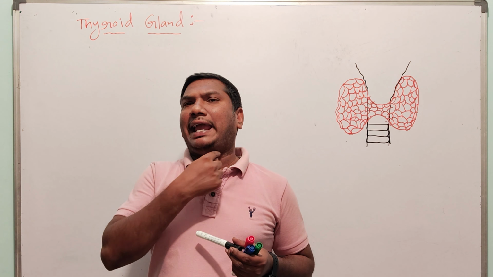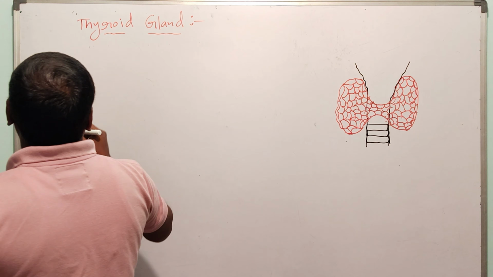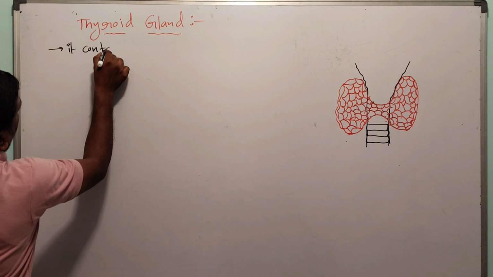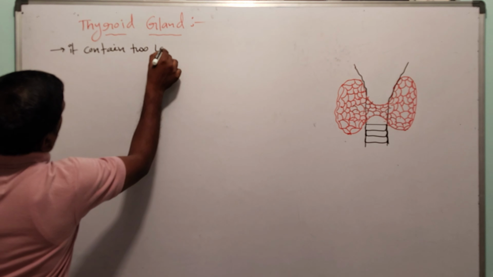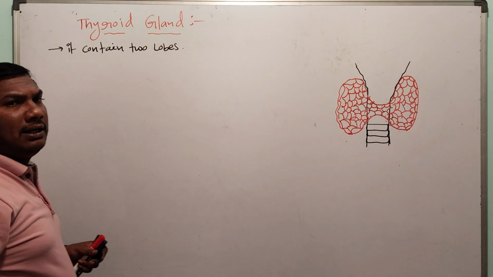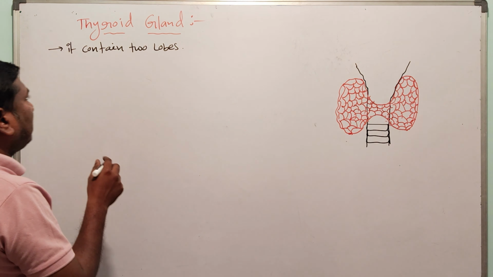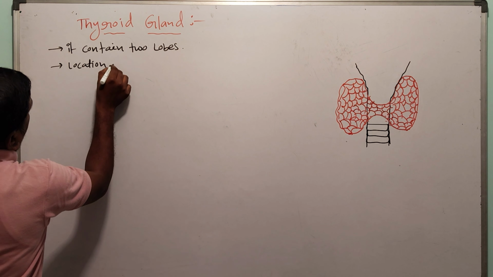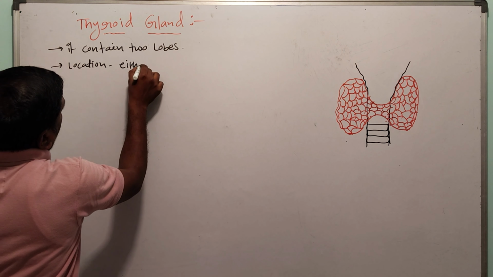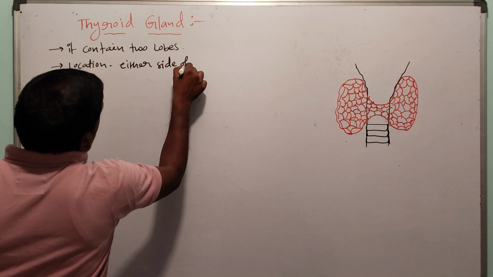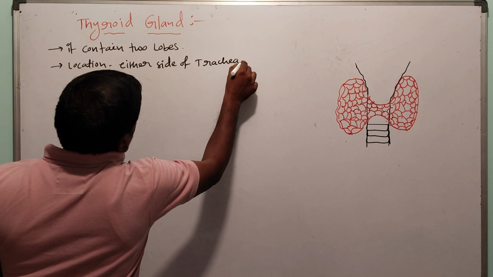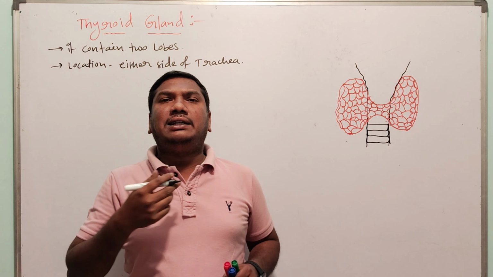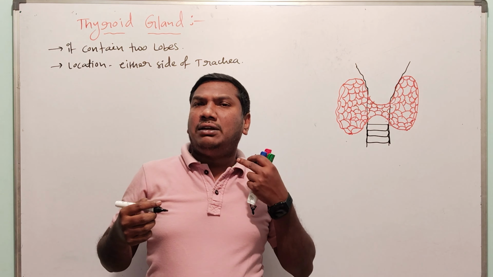These two lobes are located on either side of the trachea, meaning on the left side of the trachea one lobe, and on the right side one lobe.